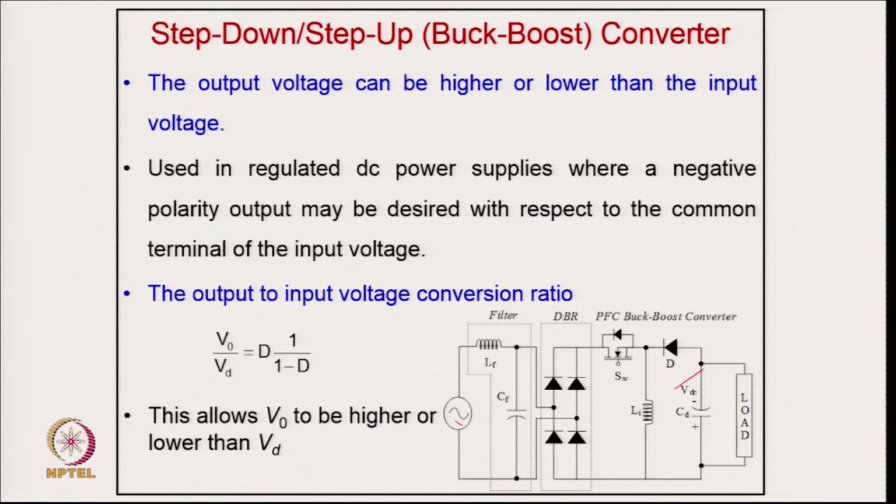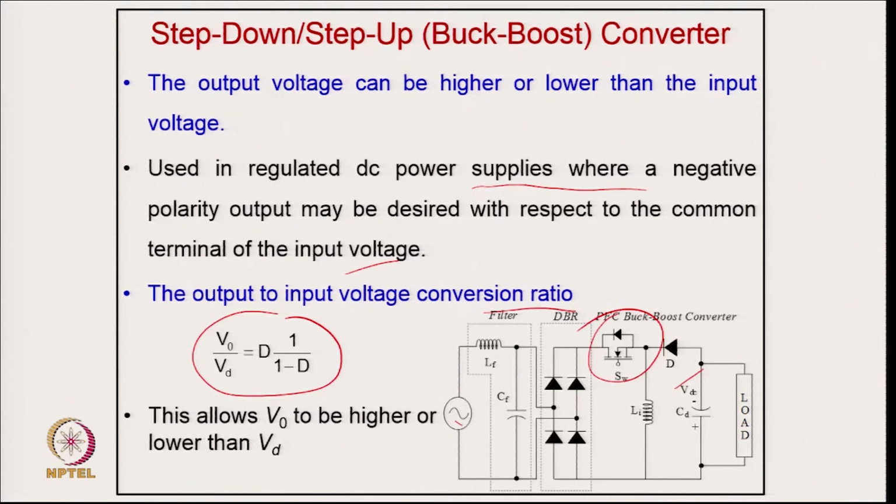The only disadvantage here is that the voltage across the device is the sum of the input and output voltage, so you have to select the device for quite a high voltage rating. The output voltage can be higher or lower than the input voltage, and it is used in regulated DC supplies where a negative polarity output may be desired with respect to the common terminal of the input. Because it is a buck boost converter, you have this kind of relation for the output to input ratio. If the duty cycle is below 0.5, it gives buck operation.